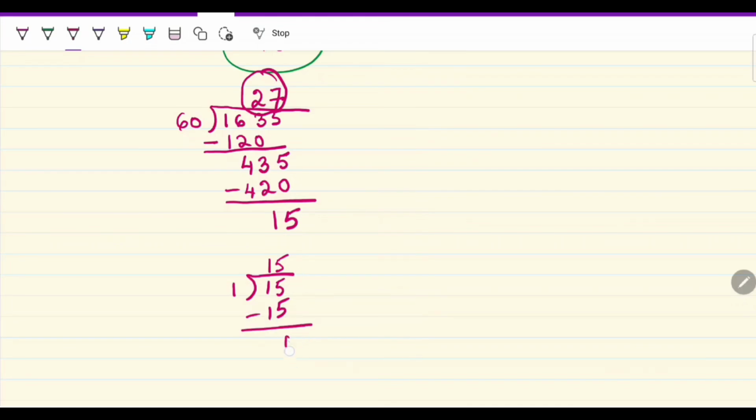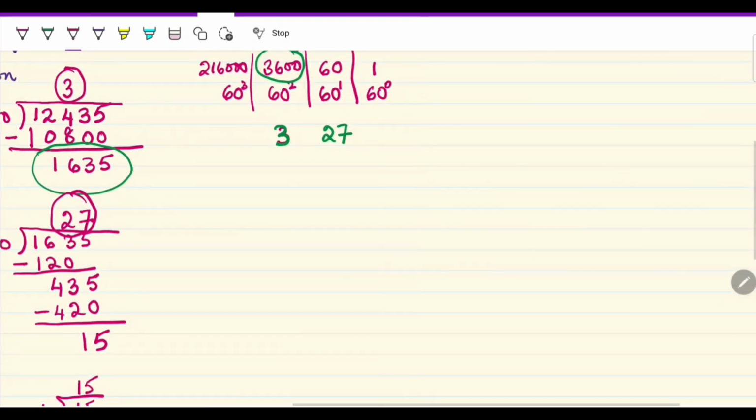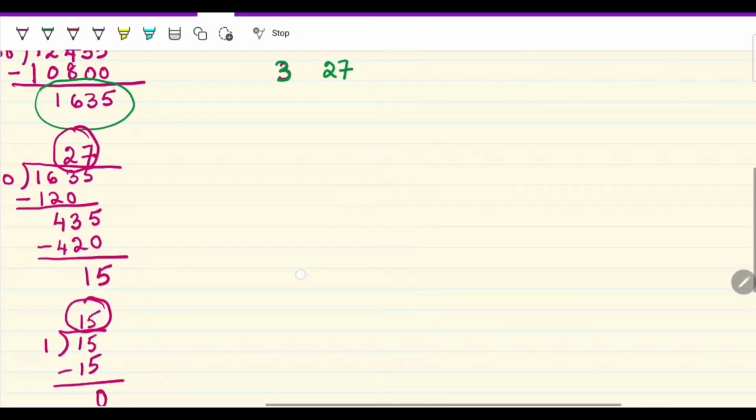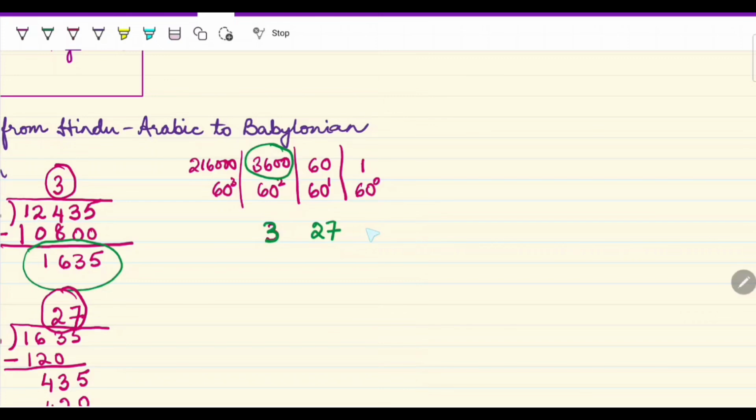This is easy. All right. So the quotient from here will be the numeral in the units position, the extreme right position, in the position whose place value was 60 to the power 0.